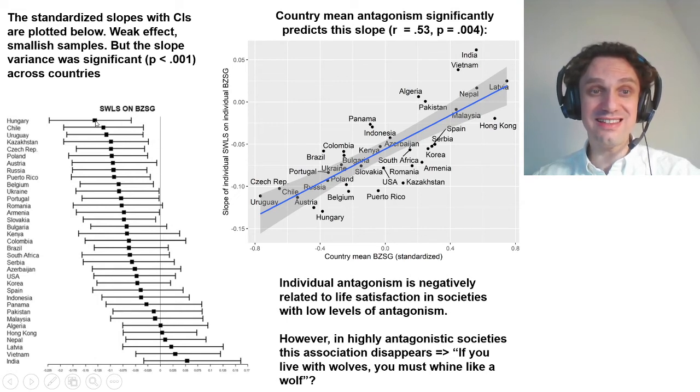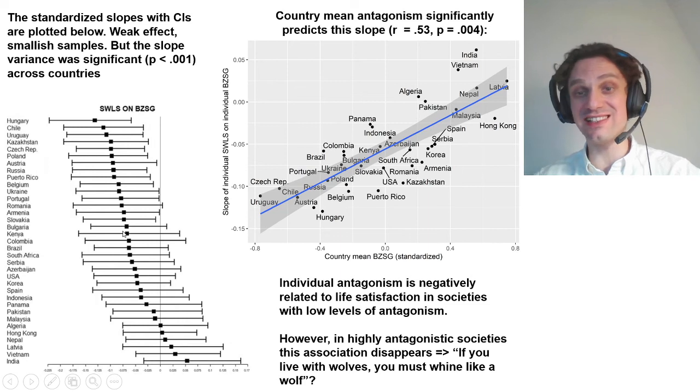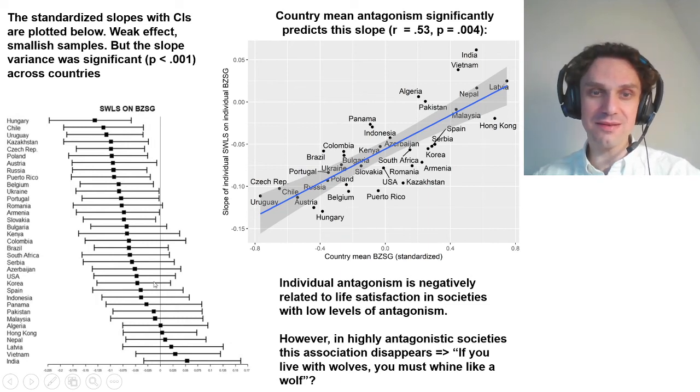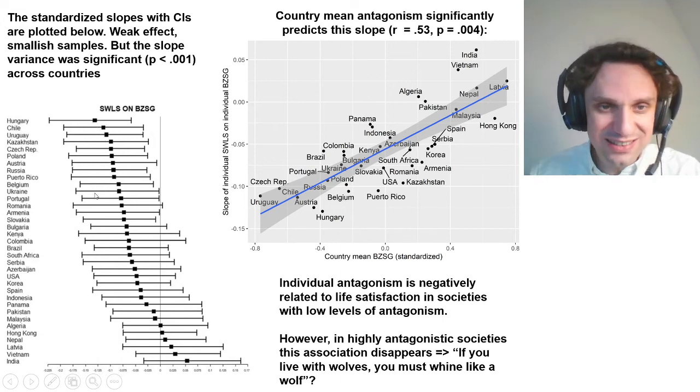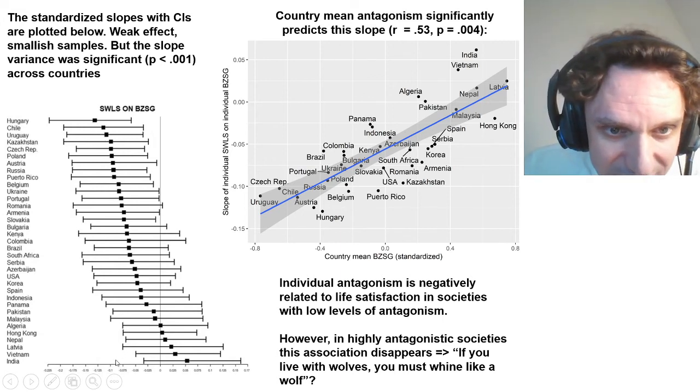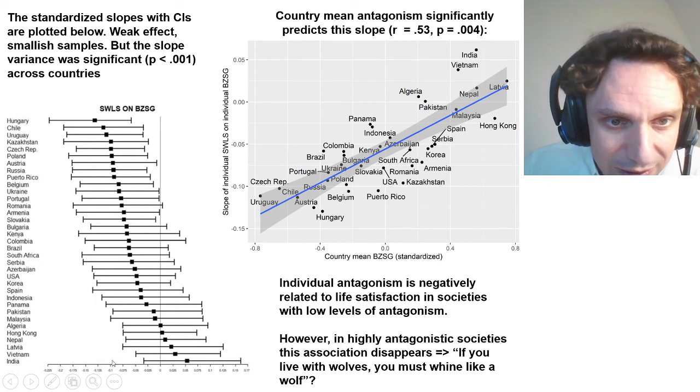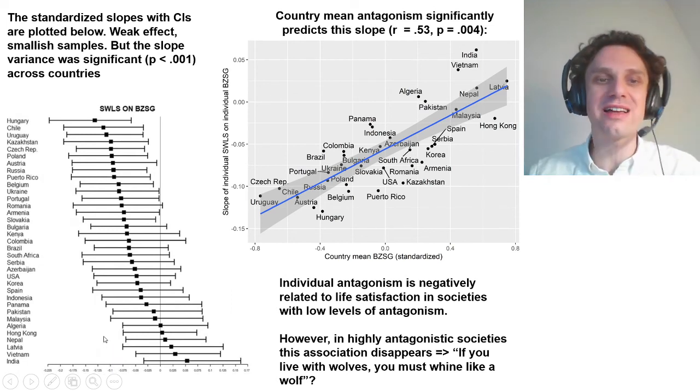So you can see that this association is generally negative. In about half the countries, it's statistically significant, but in many cases, it's not statistically significant, and sometimes it becomes slightly positive. So this slope is very weak, actually. The strongest coefficient here is about minus 0.10, maybe slightly more, something like minus 0.13.